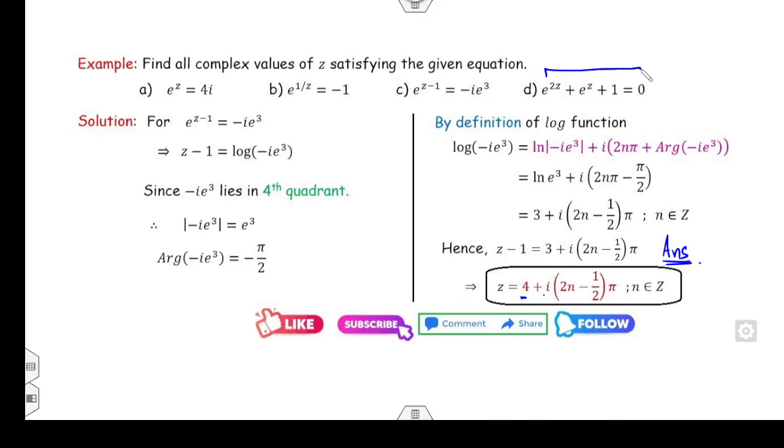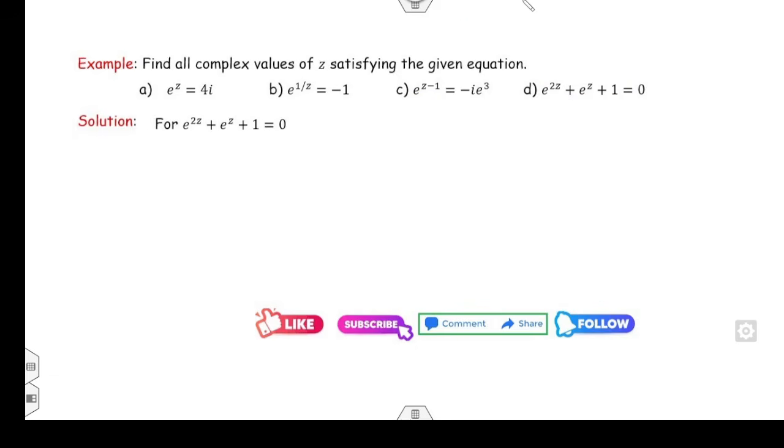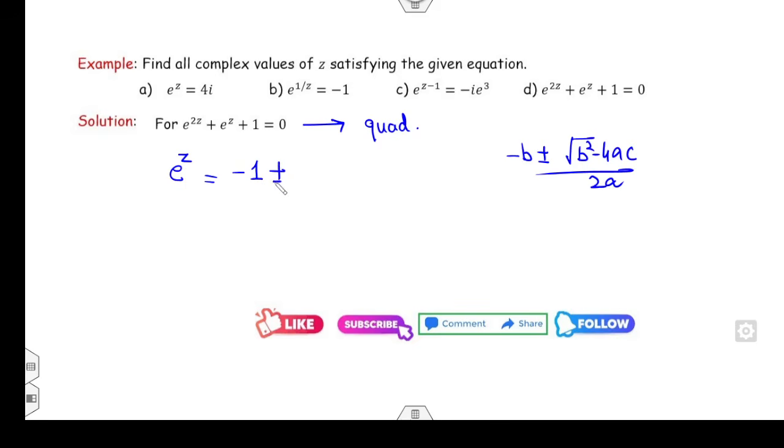Let us look at the last one. Now here, see, in the fourth option, it is not directly given to you in the form of e to the power z. Fine. So first we simplify the fourth part a little. Clearly, this equation is quadratic. Fine. So I can use the formula of roots finding, minus b plus minus square root of b square minus 4ac divided by 2a, that is minus 1 plus minus root 3 iota divided by 2.